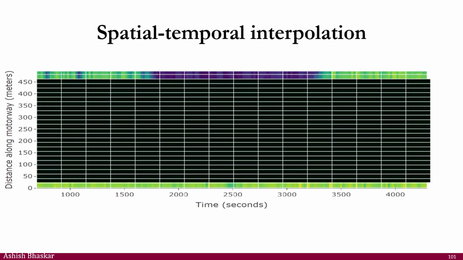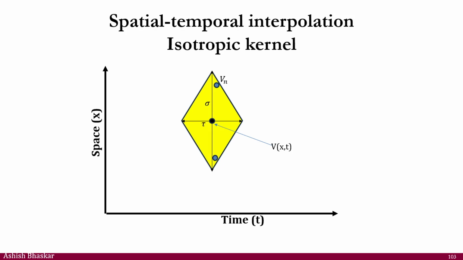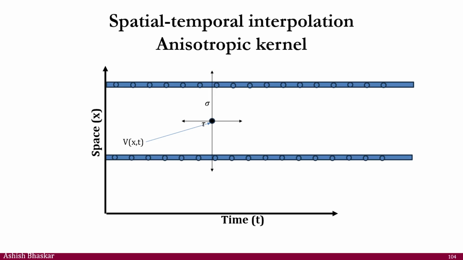One way to do this is to think of this whole space-time region and divide it into different grids, and you want to estimate the speed at one of the grids. You define your time buffer and your space buffer, and in this region I can figure out which data points I'm getting from my loops, and I can come up with some algorithm, which we call an isotropic kernel, to get the speed at that location.